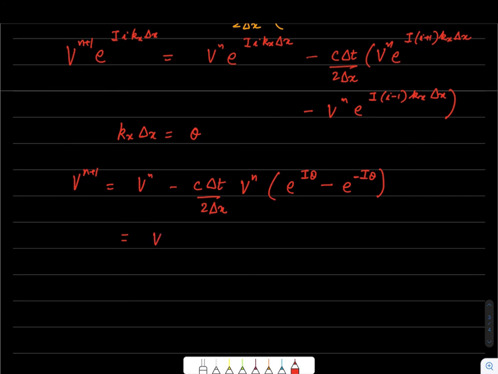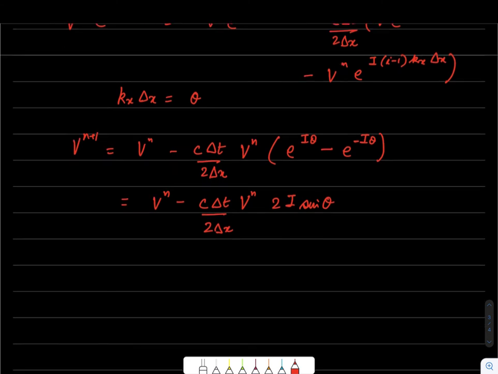Now we can take this a few more steps further. So we'll have c delta t by 2 delta x Vn. Now note that e to the power I theta minus e to the power minus I theta is actually 2I sine theta. So we'll use that. This 2 will cancel from here, right, so this goes away.